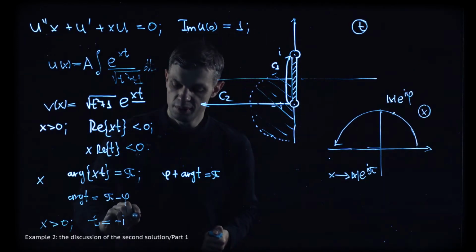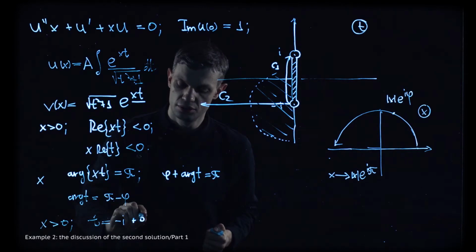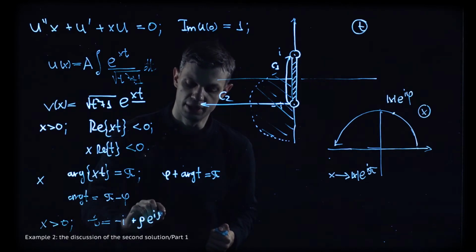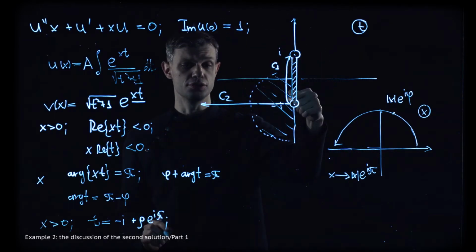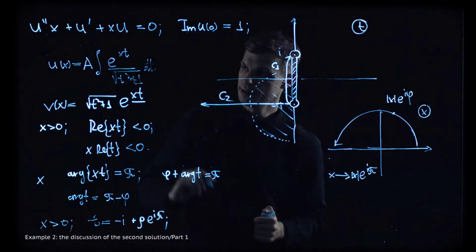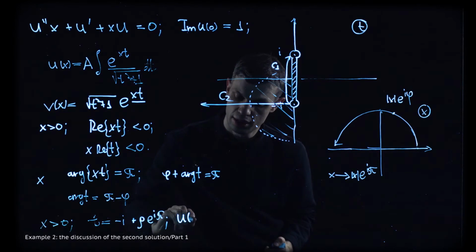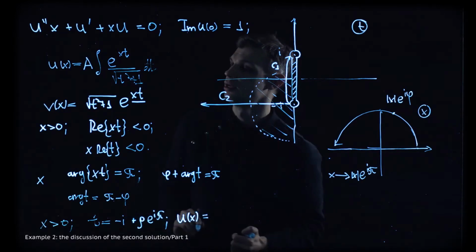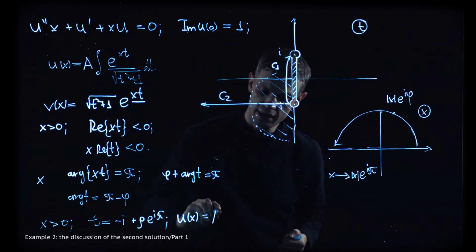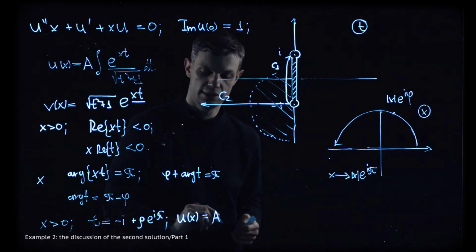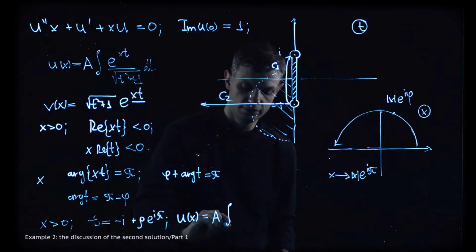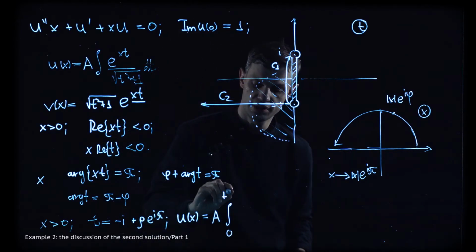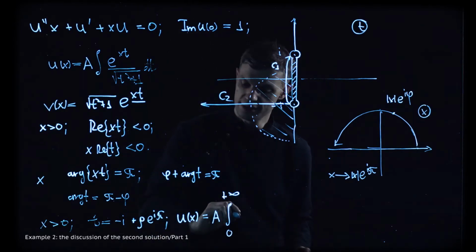And this s can be parameterized as rho times e to the I pi, and rho changes from 0 to plus infinity. And this is how we estimate our integral. So u of x is equal to this constant A times the integral from 0 to plus infinity, dt.